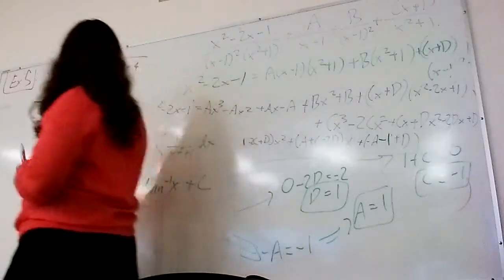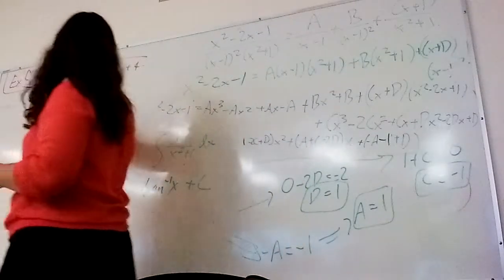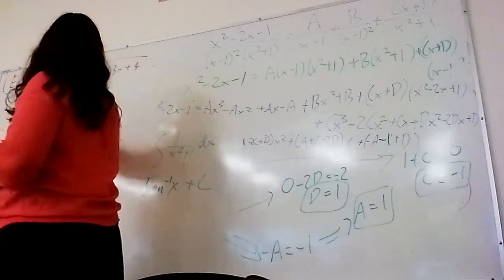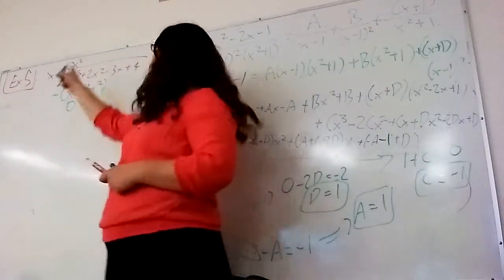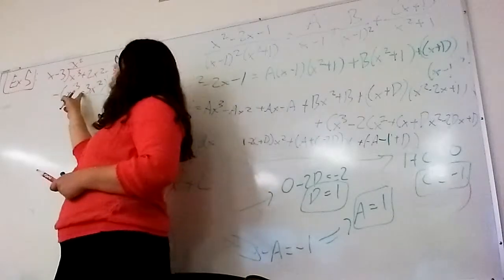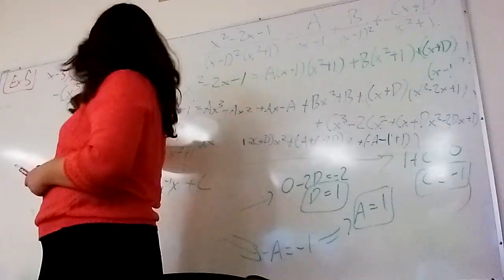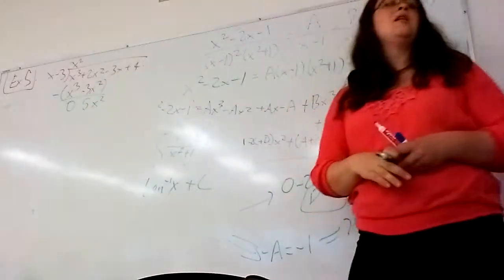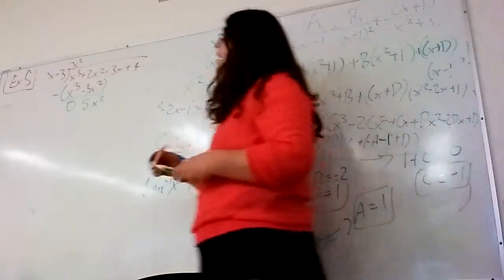Third step is subtract. We take this minus this. x cubed minus x cubed gives you 0. 2x squared minus negative 3x squared gives you 5x squared. And then we're going to bring down the next term.